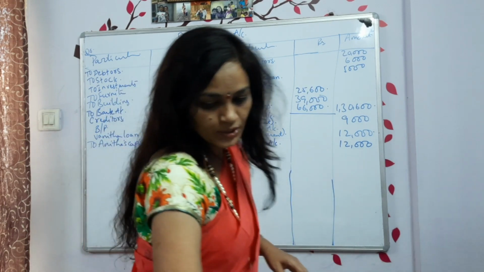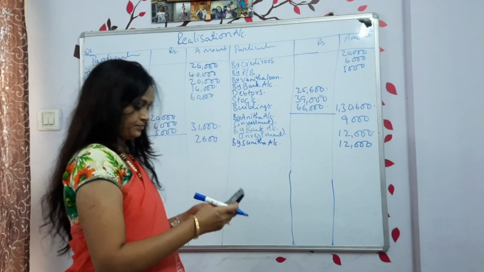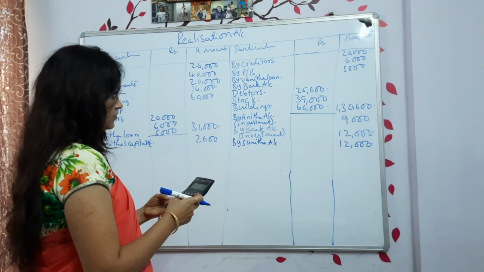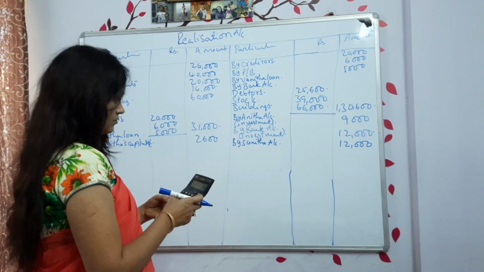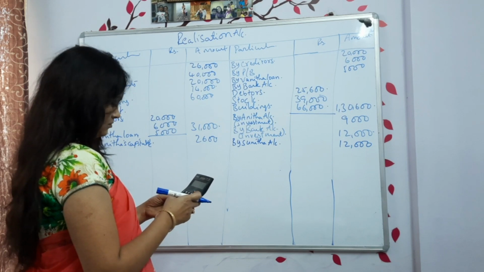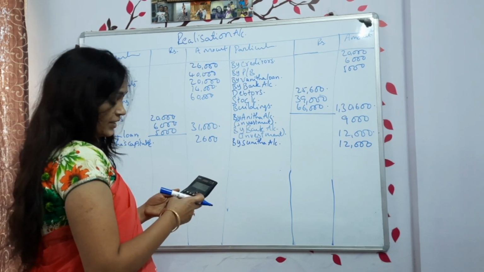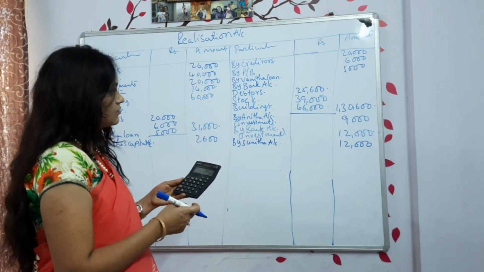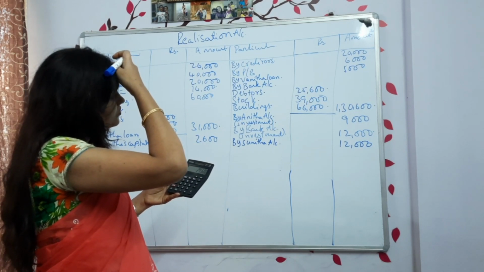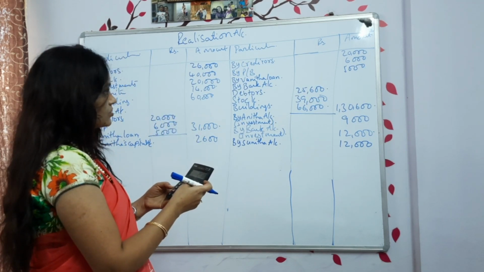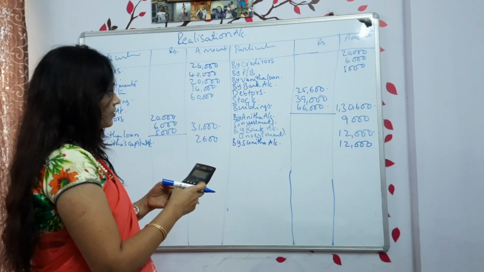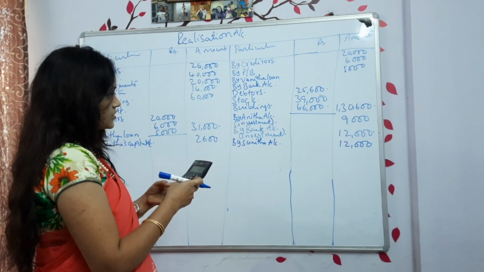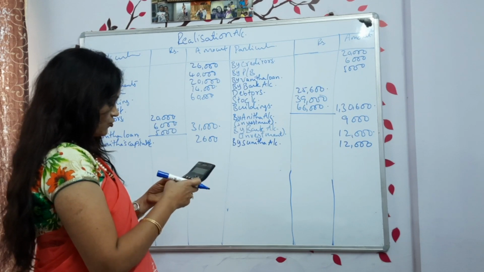Yes. Now what is the total of the credit side? It is 2,75,600. How come 2,75,600? I think I have made a mistake. I'll check it out. 20,000 plus 6,000 plus 5,000 plus 1,30,600 plus 9,000 plus 24,000.